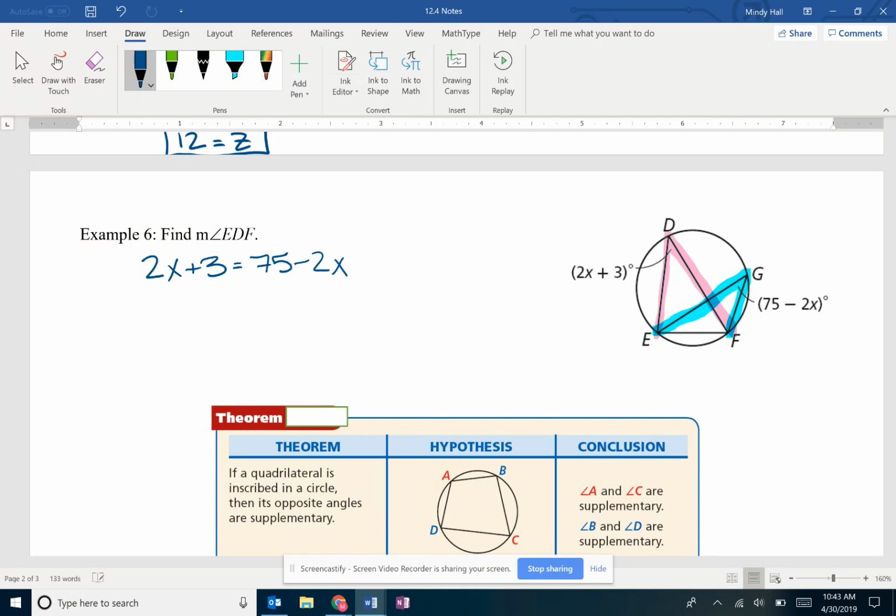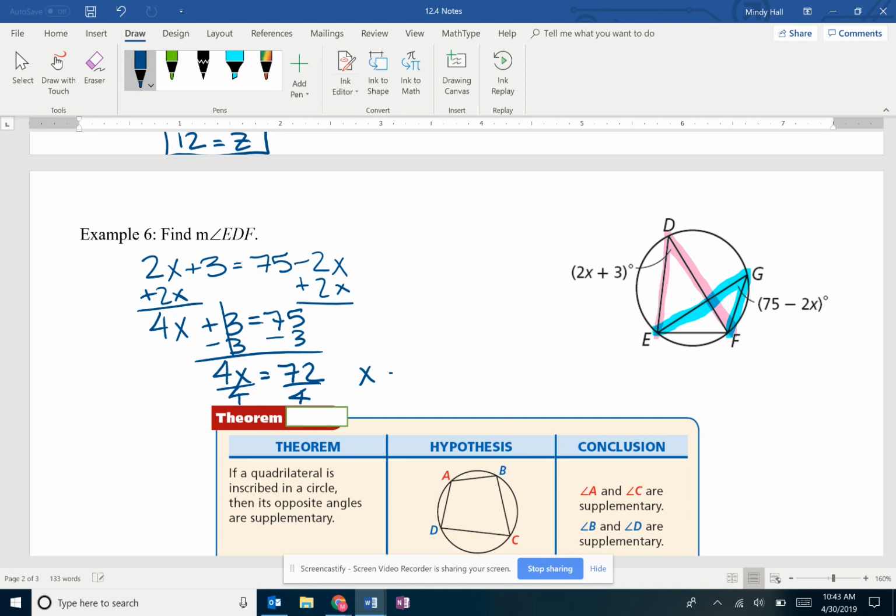I would add 2x to both sides, so that is 4x plus 3 equals 75. Then subtract the 3, and 4x equals 72. When you divide by 4, you get that x equals 13.